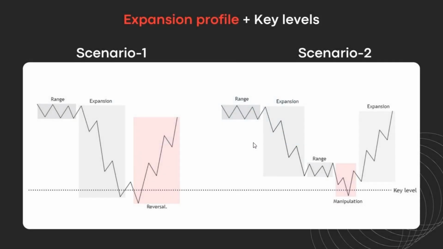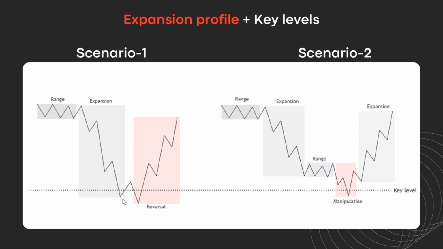So right here you can see that the first scenario based on the combination of expansion profile and key levels is when the expansion profile ends inside the key level, meaning we've tested the key level in the expansion move. And in that case, we're going to expect a reversal profile straight away because a key level has already been tested, and that key level is going to act as a catalyst for expansion in the form of a reversal profile.